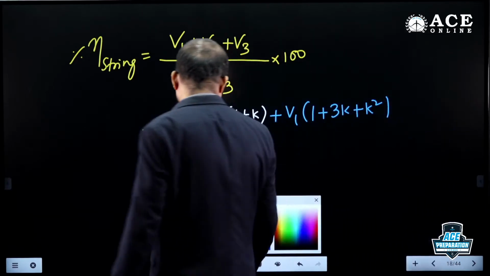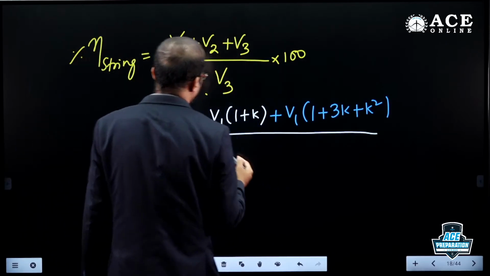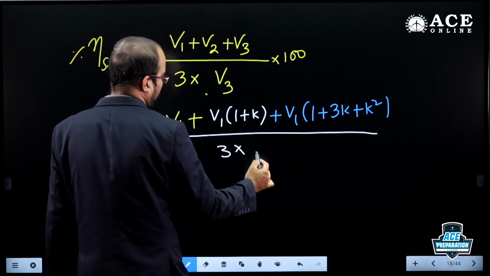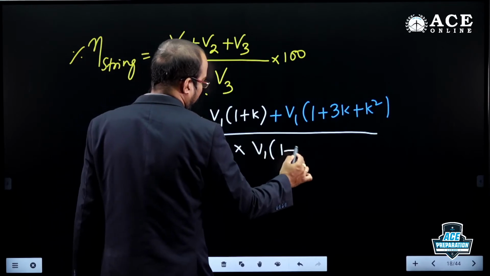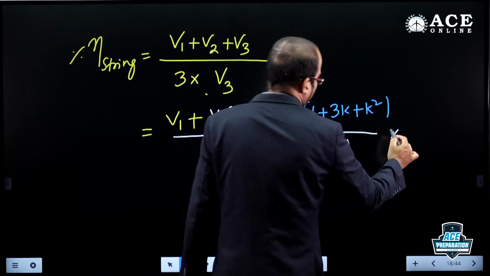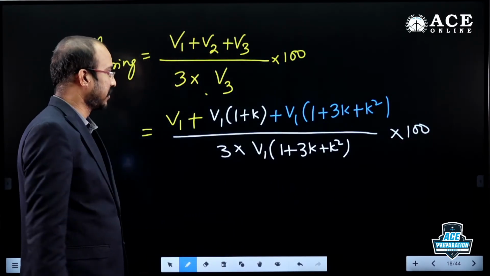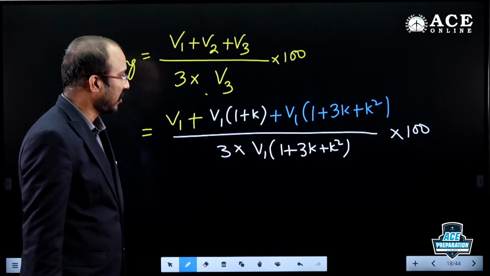Yes or no? So the efficiency is 1 plus 1 plus K plus 1 plus 3K plus K square, divided by 3 into 1 plus 3K plus K square. We multiply with 100, so V1 gets cancelled out.